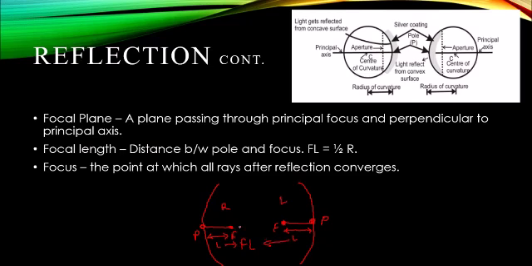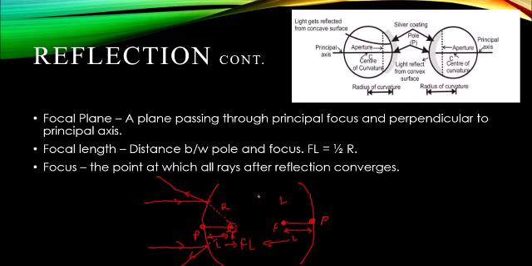And what is focus? A point at which all rays converge after reflection. So when the ray comes parallel to the principal axis from here, and from here as well, where will it go after reflection? It will go on this side after reflection, which you will study later, and we will move it forward and join it at a point. This point is known as the focus.